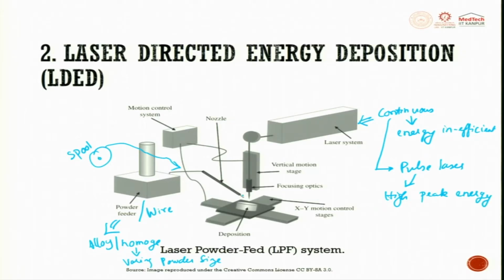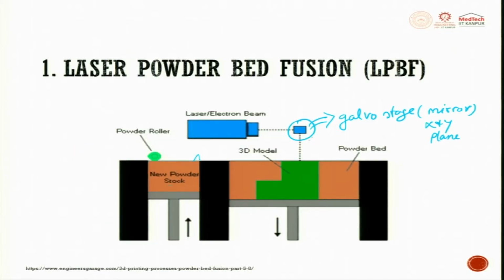So, this can melt and then it can be deposited. You can have coaxially 2 nozzles feeding on the side, then the powder coming in the front. So, it gets deposited, you have an XY stage where the stage moves, the laser is constant. In powder bed you can have this galvo where the galvo can sweep, but here the laser is kept constant.